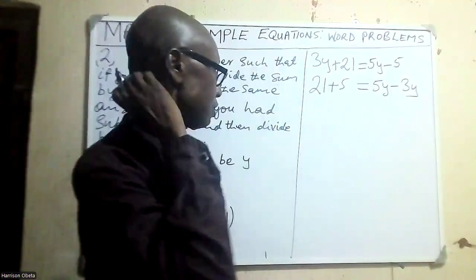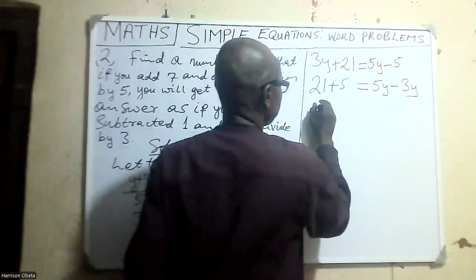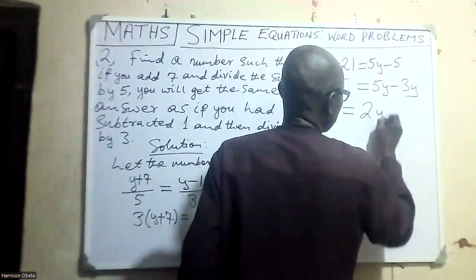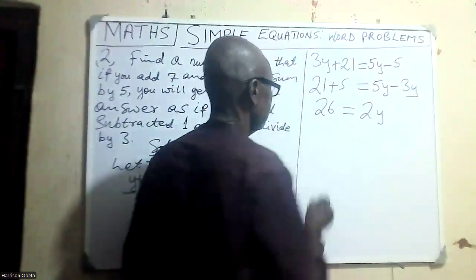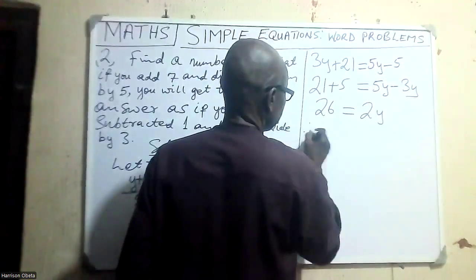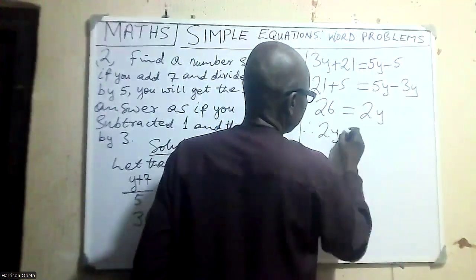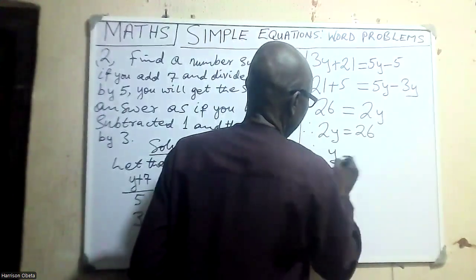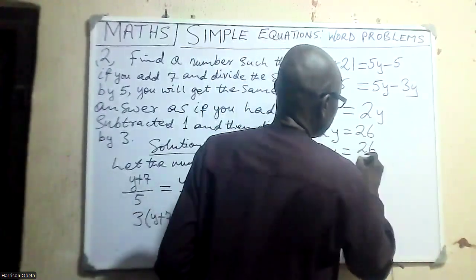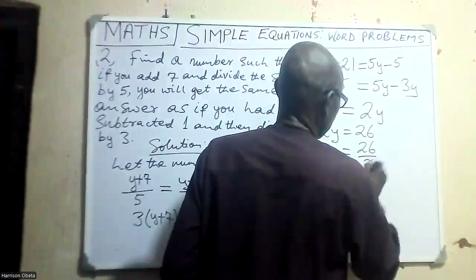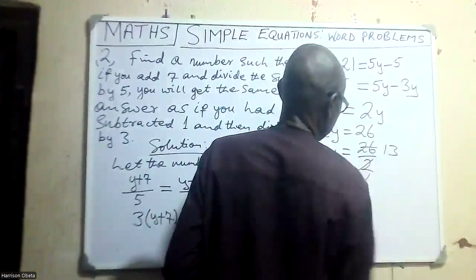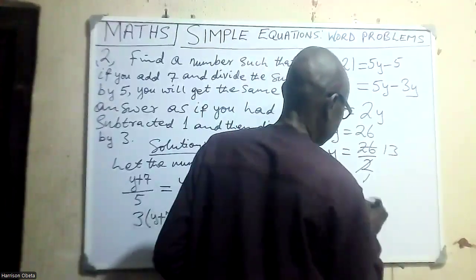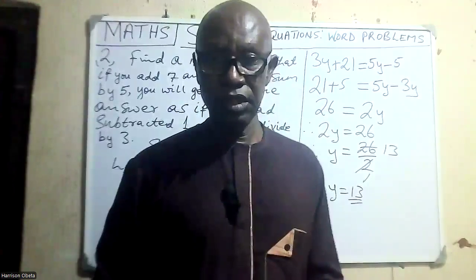And then if you carry out the simplification, you now have 26 is the same thing as 2y. If 2y equal to 26, therefore y should be equal to 26 over 2. Divide, so that means y is equal to 13. And that is the number.